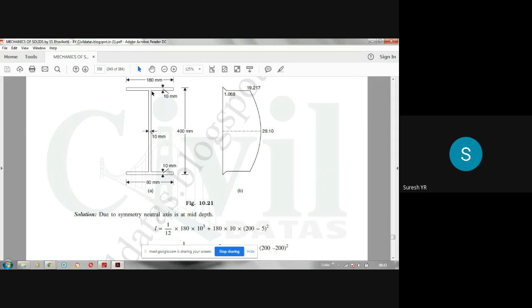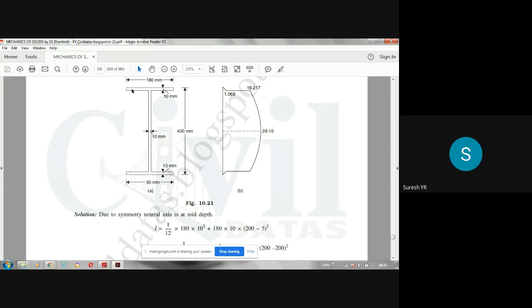So I NA is equal to I G plus A into Y C square, where Y C is the distance between the centroid of this top rectangle, that is the top flange, and the neutral axis. All those you will be knowing.